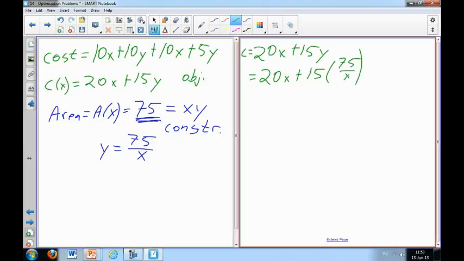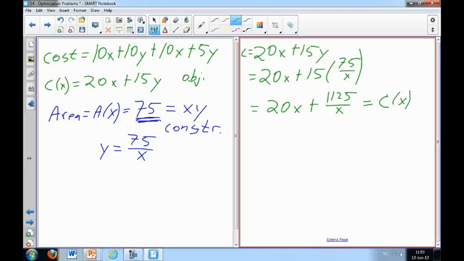So let's just simply do the math. 20x plus 1,125 over x, and this is our cost function. So this is equal to c of x, as before.